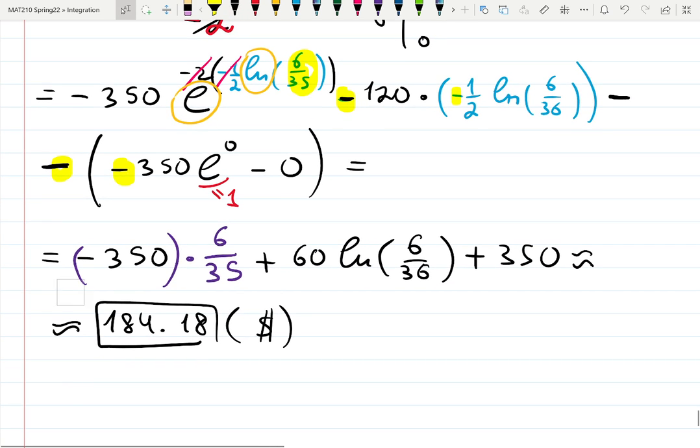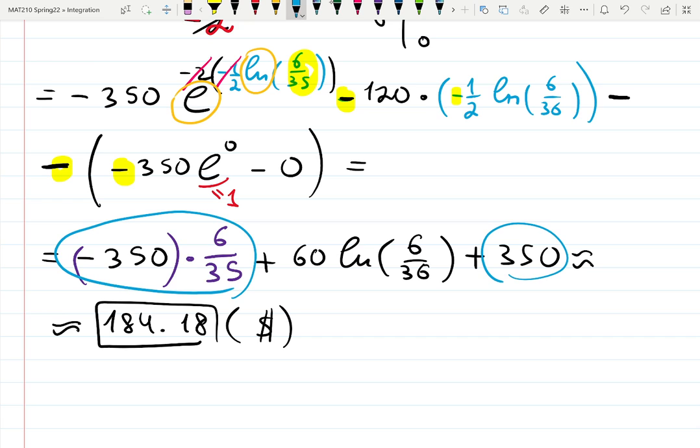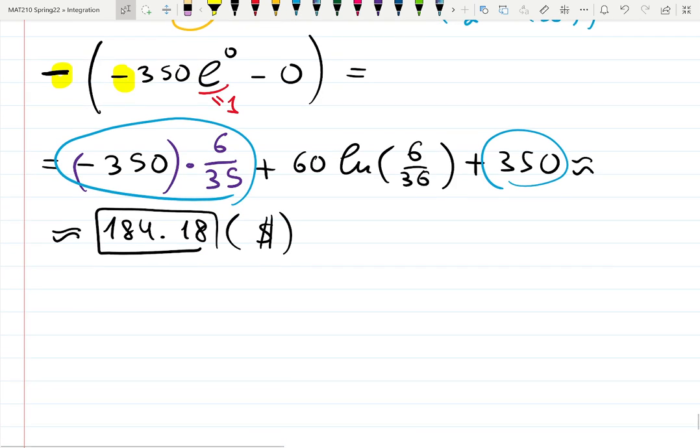Or you can have the exact final answer. I would just collect this term with this term. And, oh yeah, it actually should be a very good number, I just realized.